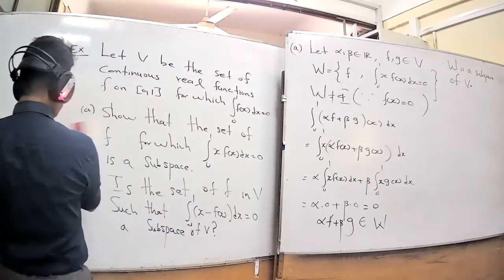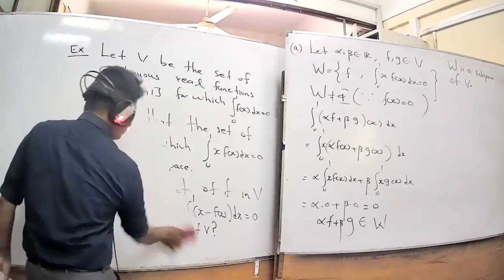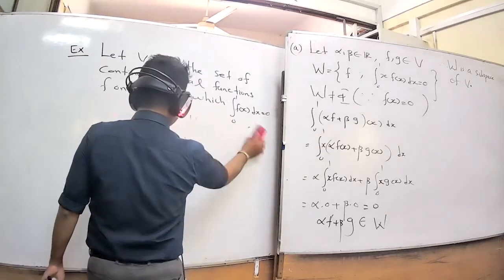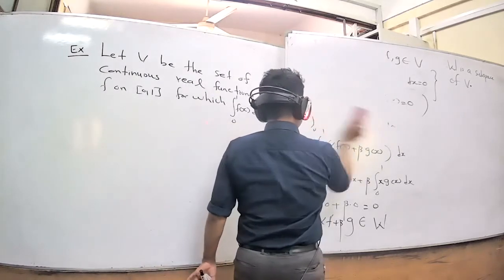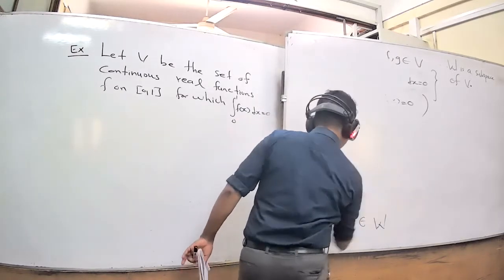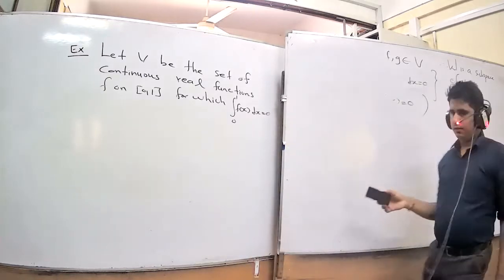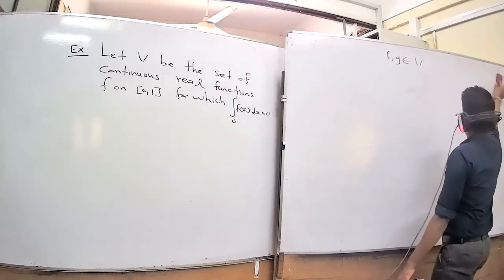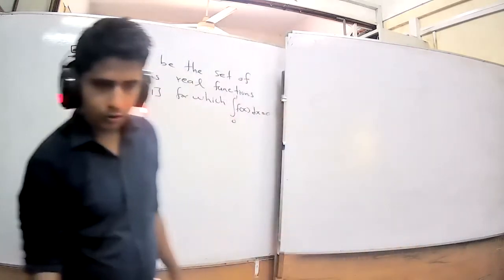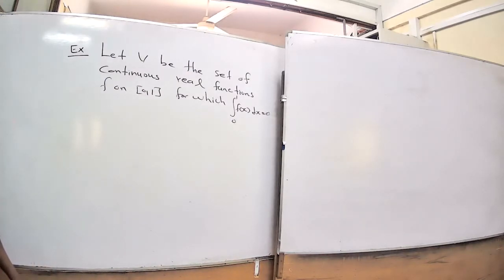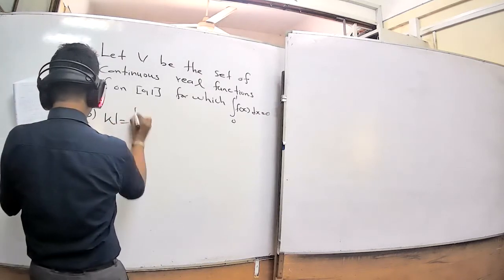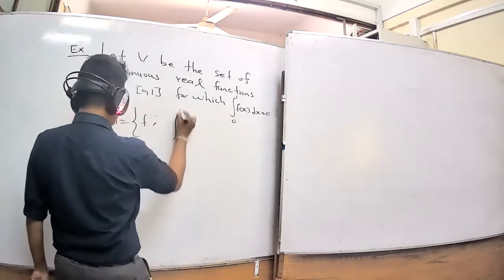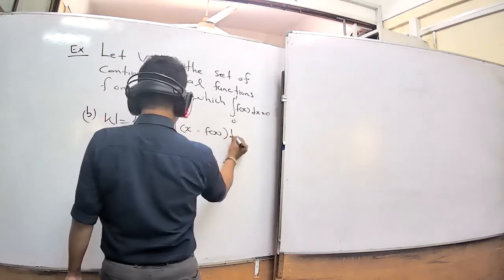Okay, so for part B, you consider this set W, given by functions f with the integral from 0 to 1 of (x minus f(x)) dx equal to 0.